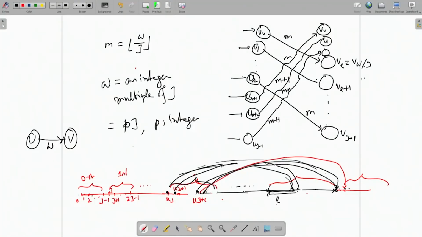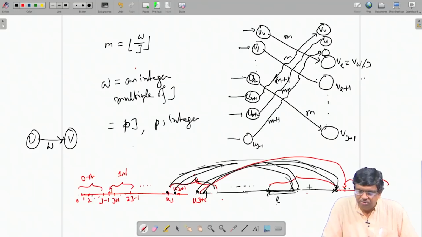Now, if I go further to the right, then I enter the starting index of the next clock. So, I need one more cycle to move further to the right. So, the delay will become m plus 1, and I will hit the 0th index, meaning I will go to the 0th processor V0. So, from UR plus 1 I go to V0 with m plus 1.